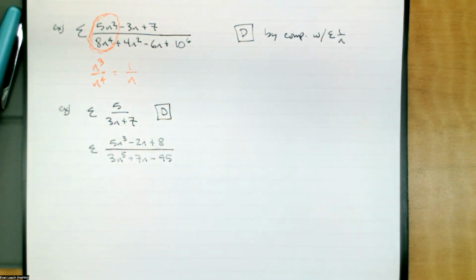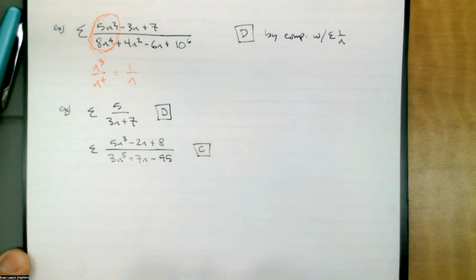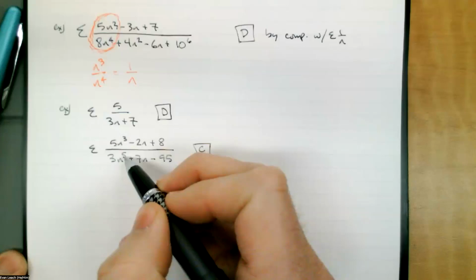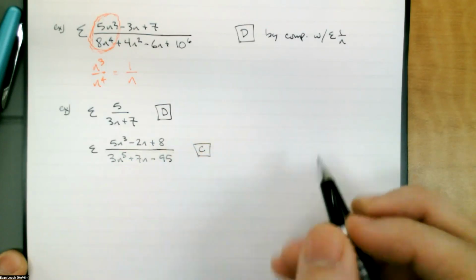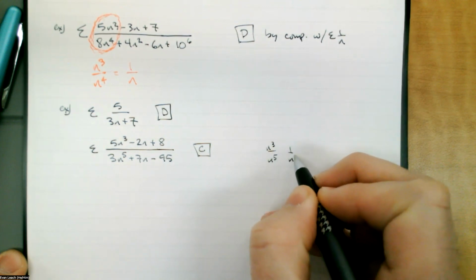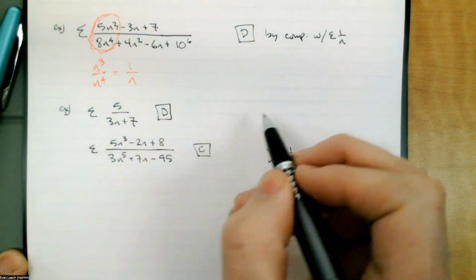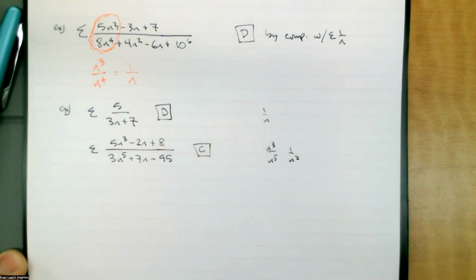Converges or diverges? N to the third over n to the fifth, that's a 1 over n squared. So converges. This is just a 1 over n, diverges.